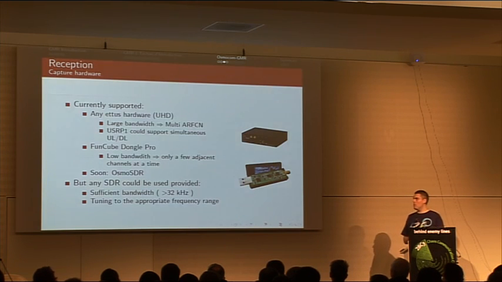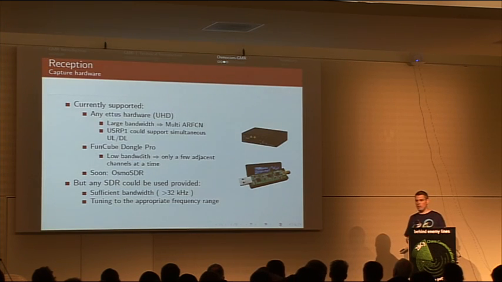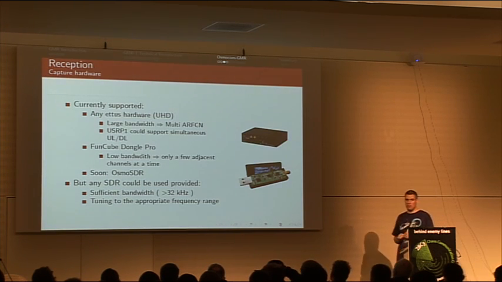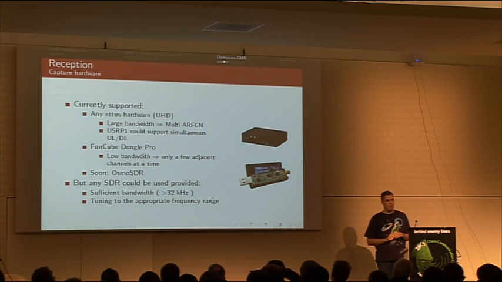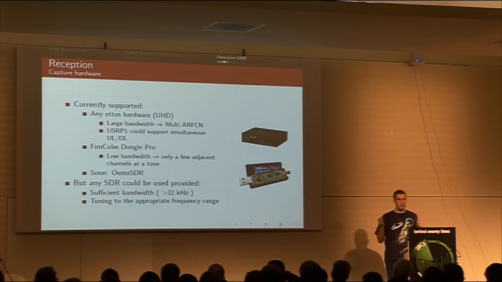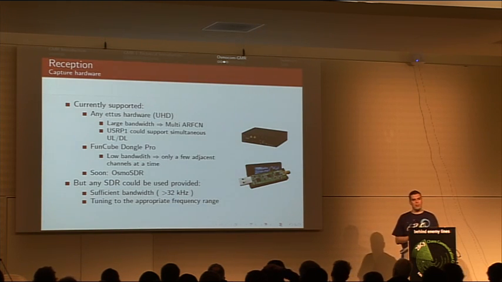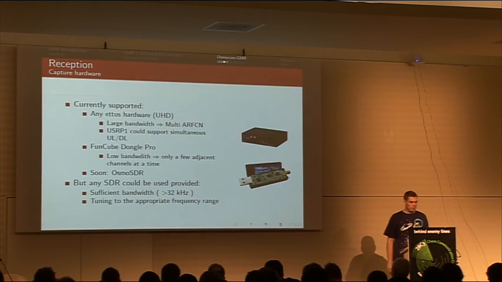One interesting particularity of the USRP1 is that since you can put two daughter boards, you should be able to listen to both uplink and downlink simultaneously. It should be possible with the other Ettus products, but you will need a GPS 1 PPS pulse to synchronize the various USRPs between them. So it's a little bit more complicated setup.